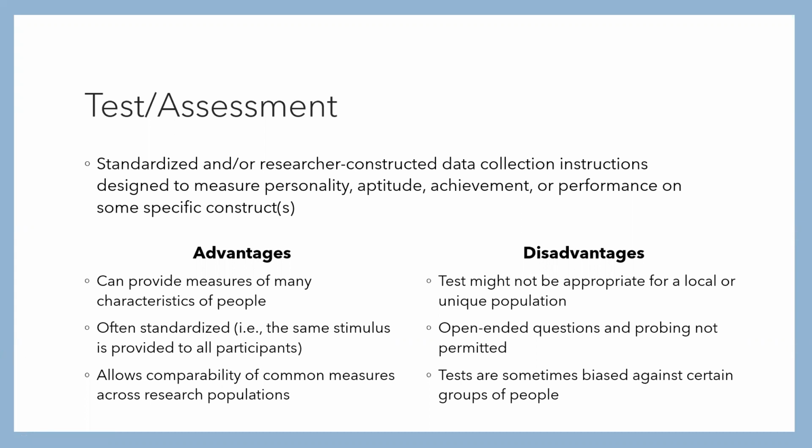So advantages of this method is that it can provide measures of many characteristics of a person or people. It's often standardized, so the same stimulus is provided to all participants here. And I know you've briefly discussed standardization in lecture, but going a bit more into it, this means that the tests are administered under very exact conditions.